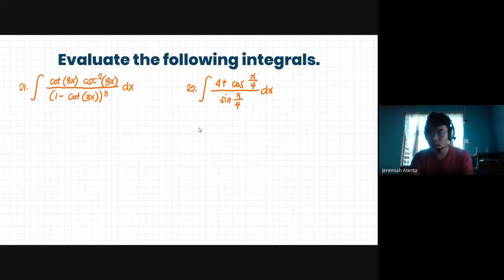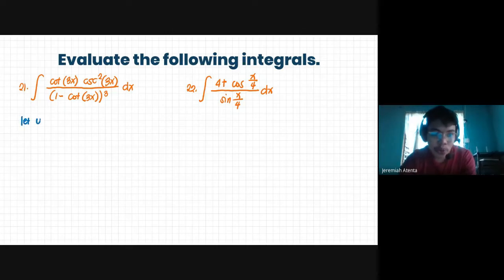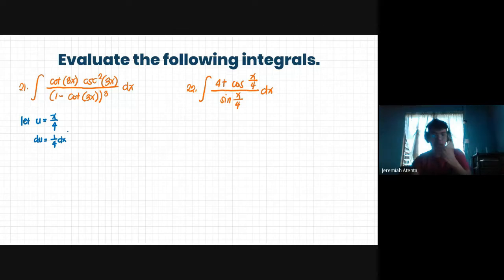So we let u be x over 4, or 1/4 x. It will follow that du is equal to 1/4 dx.